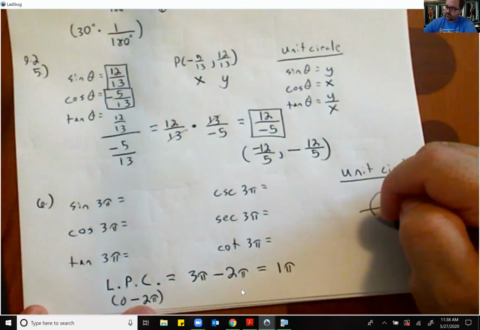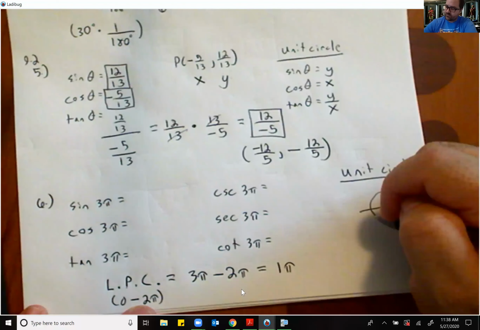Remember, sine equals whatever the y value is in a point, so we now know that the y value is -12 over 13. Cosine tells you the x value, so x is -5 over 13.